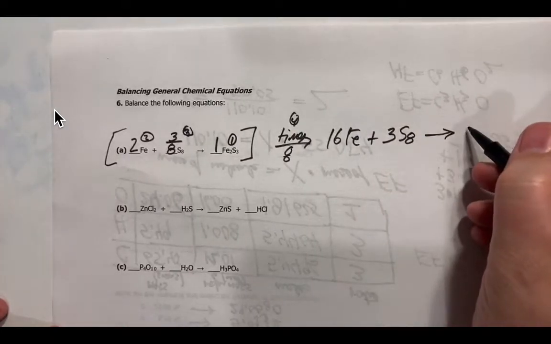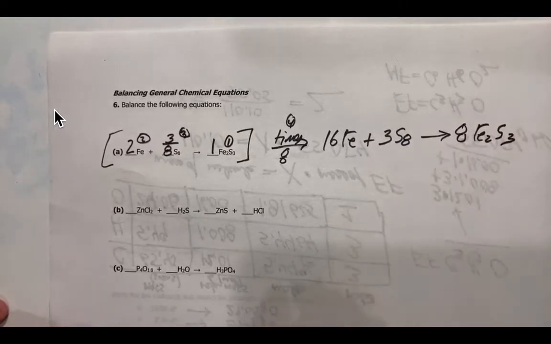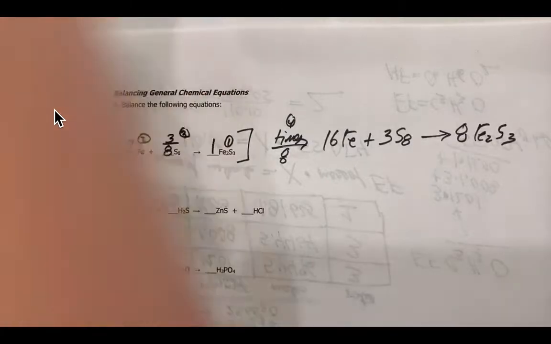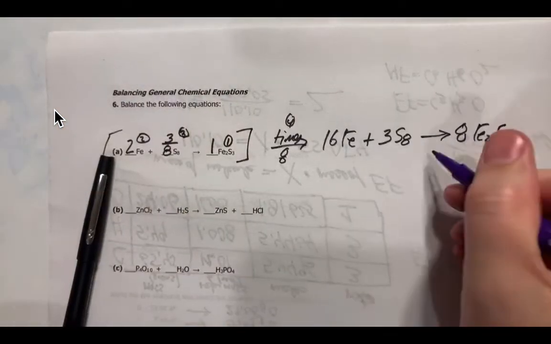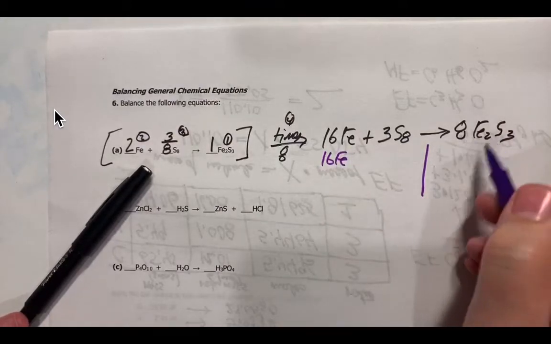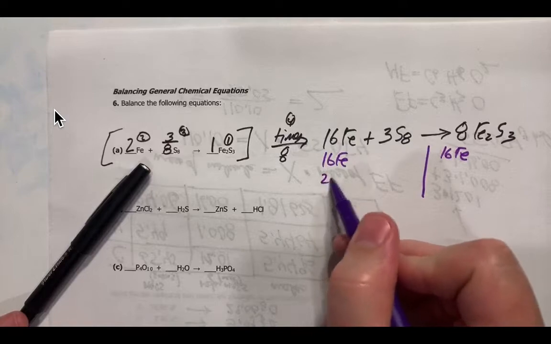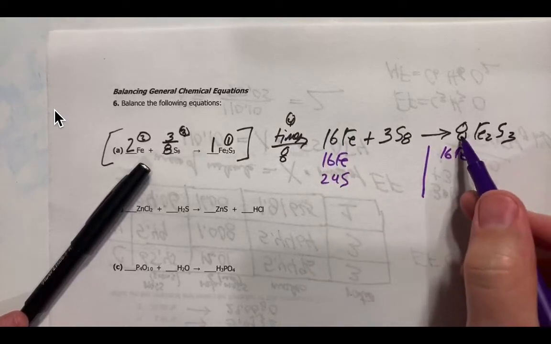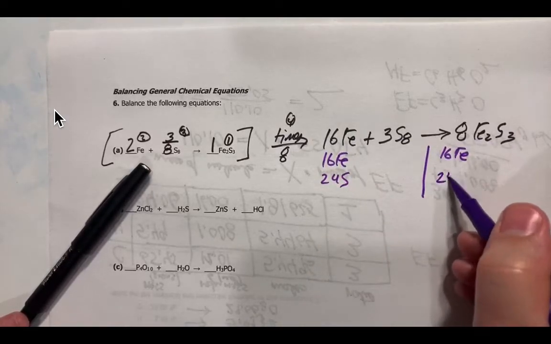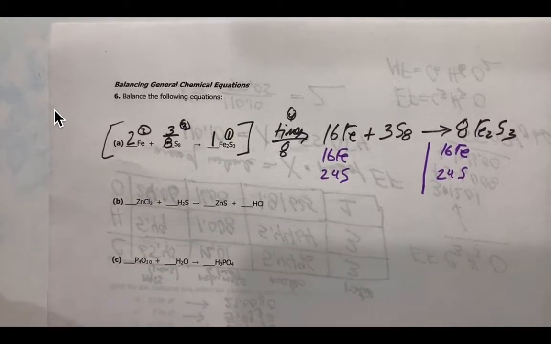And then finally 8 times 1 gives me 8 Fe2S3s. And we can verify that this is balanced in the way that you may have been taught before. 16 irons, 8 times 2, 16 irons. 3 times 8, 24 sulfurs. 8 times 3, 24 sulfurs. So it is balanced once we've done this process.